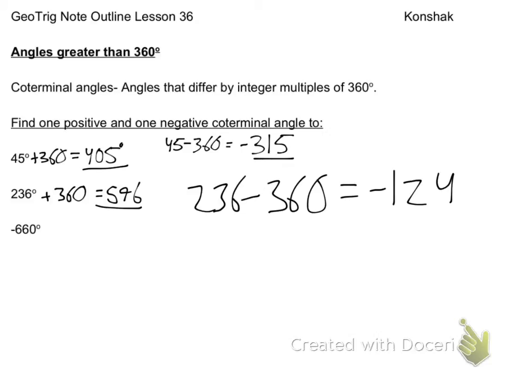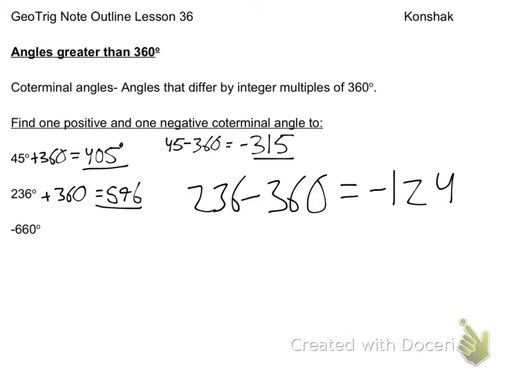Pretty easy. But now on our third example, it's a negative 660 degrees. So to find a positive and a negative coterminal angle, what am I going to do? Every other time I added, right off the bat, I said, no matter what, I'm just going to add 360.